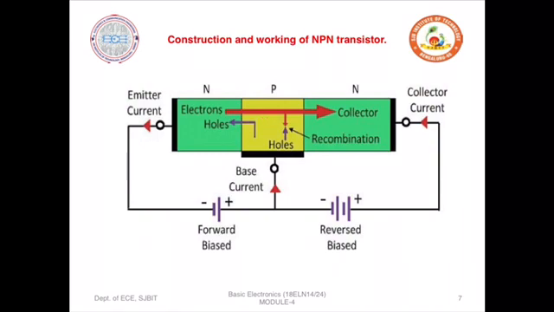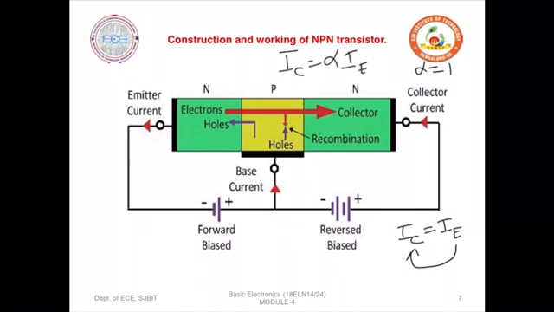As a result, we can write the equation IC is equal to alpha into IE. For alpha equal to 1, IC is equal to IE, because most of the carriers from the emitter reach the collector. So the current at the emitter is almost equal to the current at the collector.